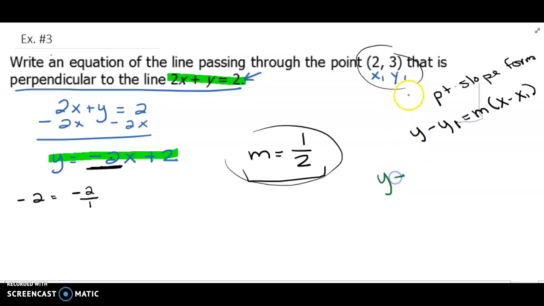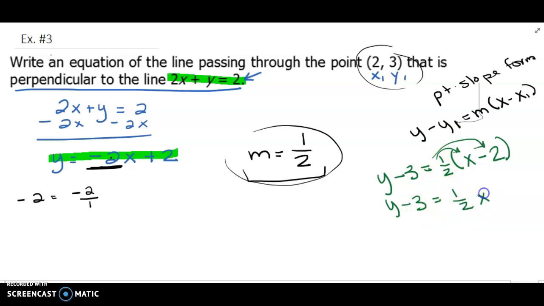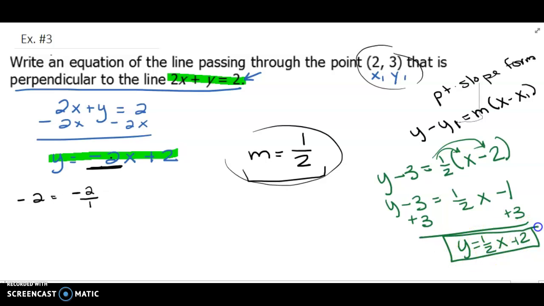So y minus my y1, which is 3, equals my m, which is 1/2, times x minus my x1, which is 2. So y minus 3 equals, I'm going to distribute this through, 1/2 x minus 1, plus 3 on both sides. So y equals 1/2 x plus 2. This would be my answer.